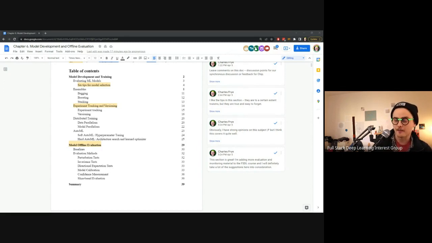In that phase, you generate a lot of meta information about what you've tried, what worked, what didn't work, what code you were using at each point, and which data artifacts you were using. So that's the experiment tracking and versioning section. There's some consideration of distributed training, which is super important for really large models, especially in deep learning, splitting data across multiple GPUs.